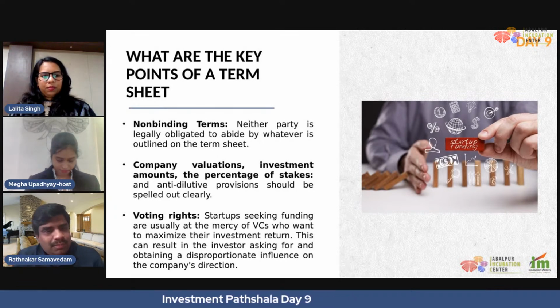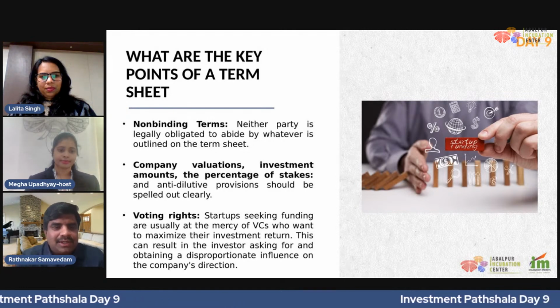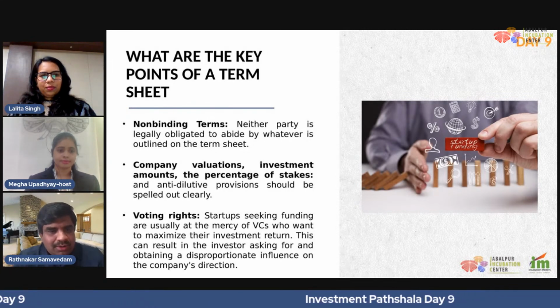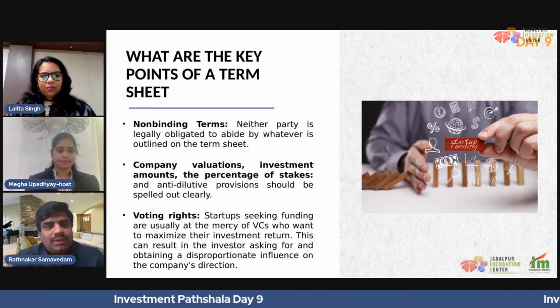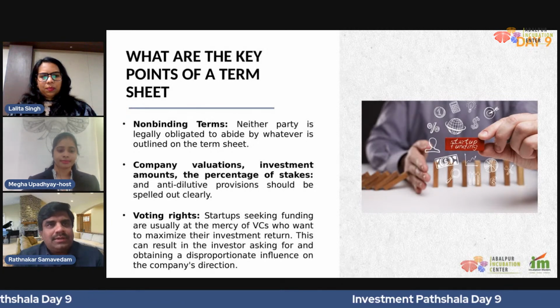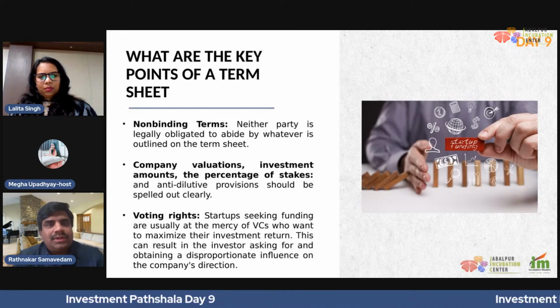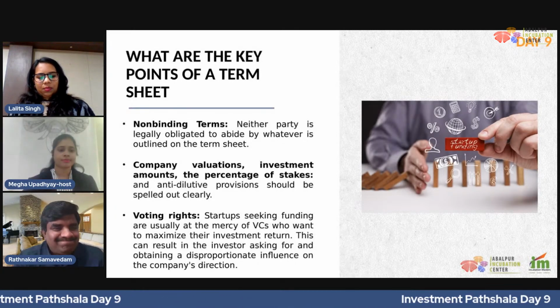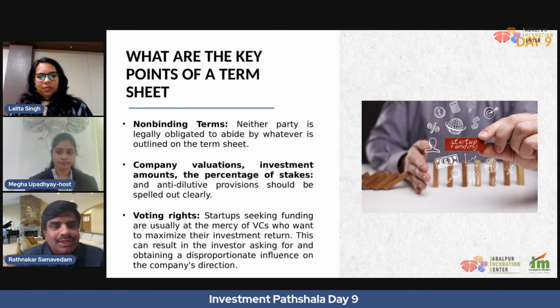I hope a lot of people would have doubts because I'm speaking about voting rights here. You should have got doubts, right? See, under the Companies Act 2013, once you issue equity shares, the holder is a shareholder of the company. The rights of equity shares are the same, either for a founder or an investor, there is no change.